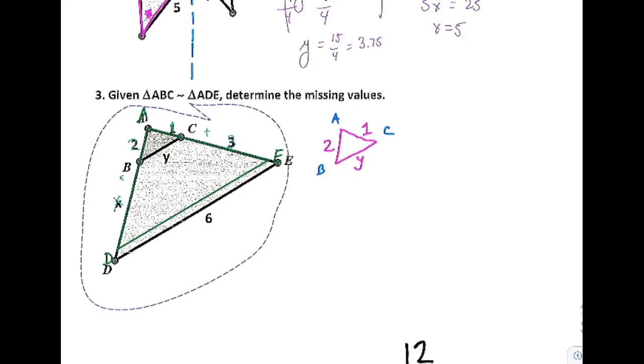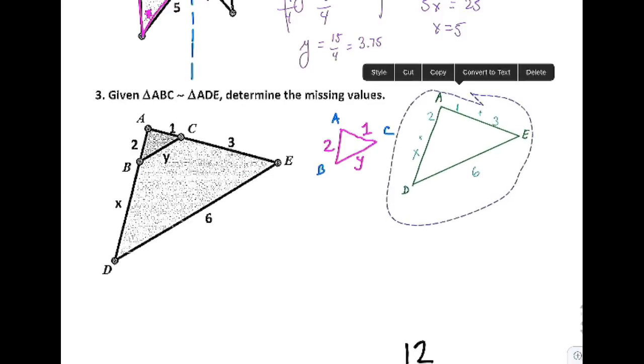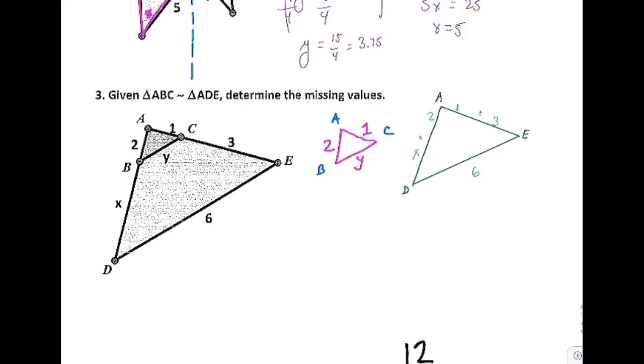So when I redraw this one over here in the same position as the other one, this side is 2 plus x, and that's all you can do. You just write 2 plus x. You don't write 2x. This isn't 2x, it's 2 and x. So it's 2 plus x.